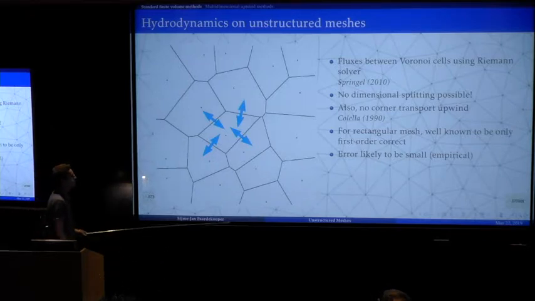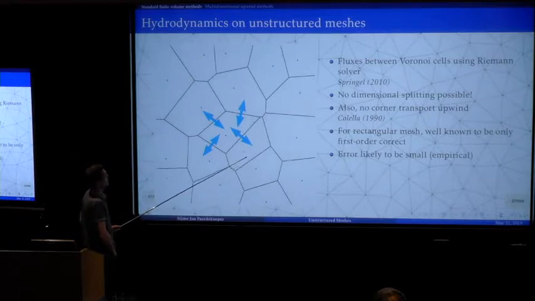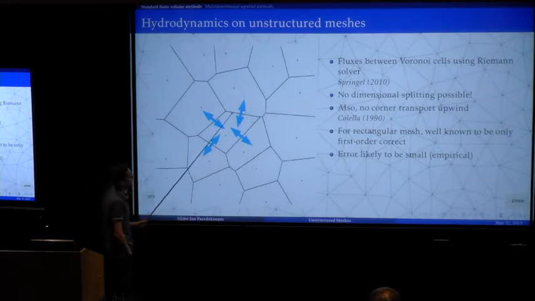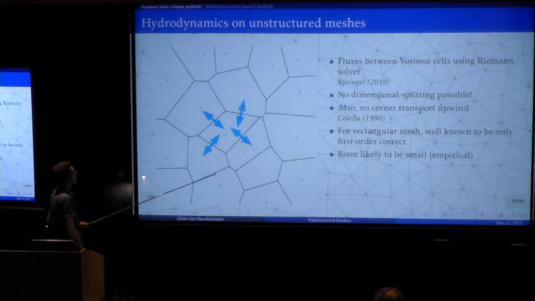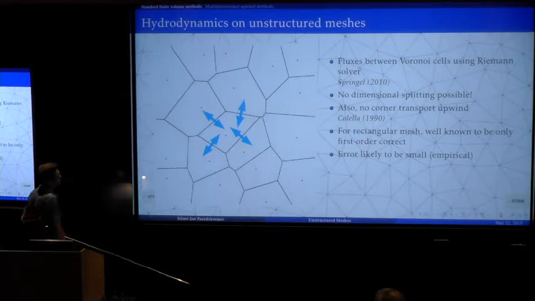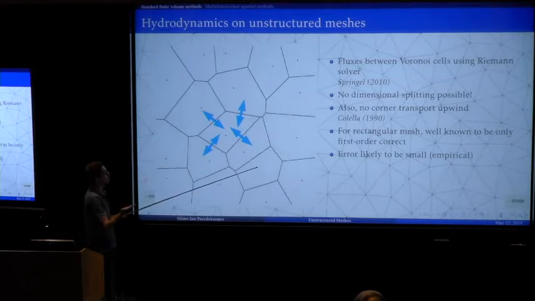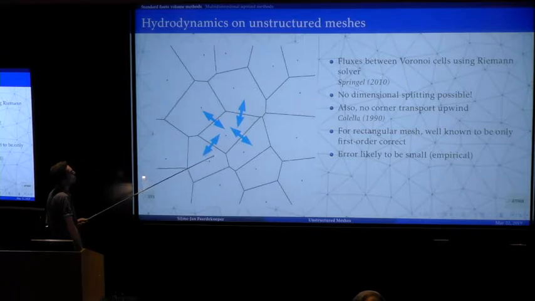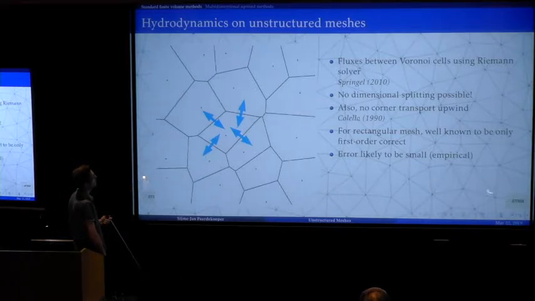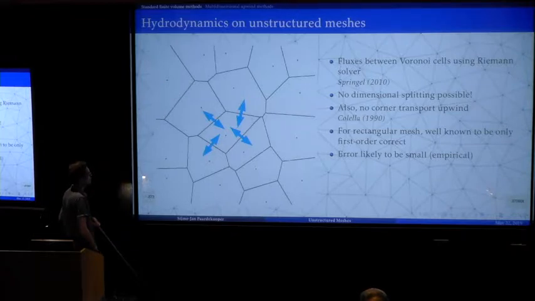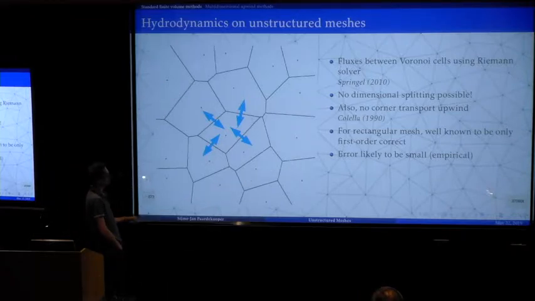But also, there's no version, as far as I know, of the corner transport upwind method, which is what you can do in an unsplit method to do a multidimensional integration. If you do this kind of thing on a rectangular mesh, this is well known to be only first order correct, because you don't account for the multidimensional integration. You neglect some cross derivatives. But as is empirically known, the errors are usually quite small.